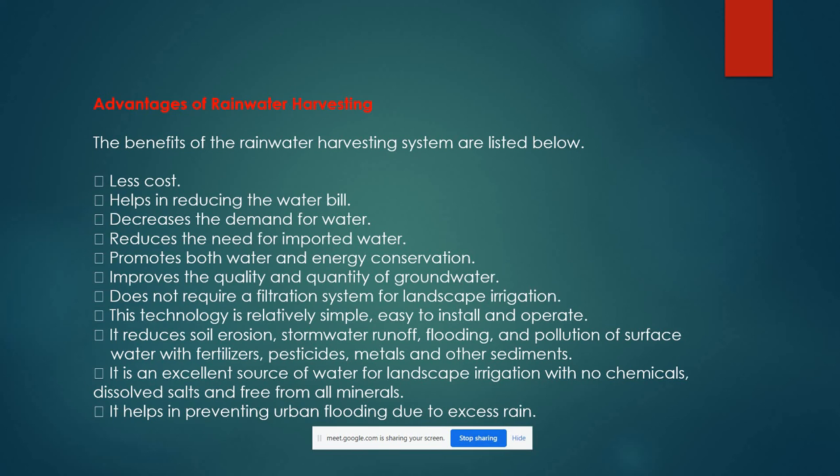Advantages of rainwater harvesting. The benefits of the rainwater harvesting system are listed below. First is less cost, helps in reducing the water bill, decreases the demand for water, reduces the need for imported water, promotes both water and energy conservation, does not require a filtration system, good for landscape irrigation, improves the quality and quantity of groundwater.